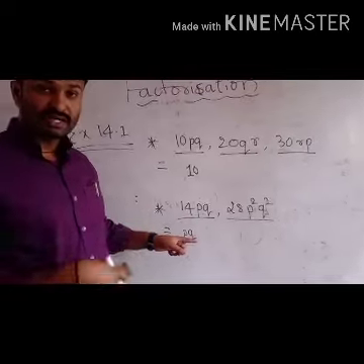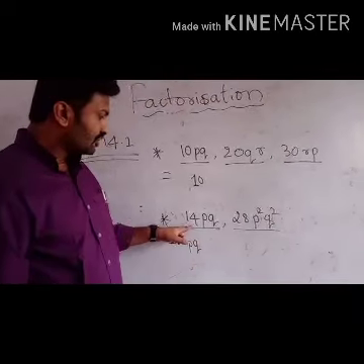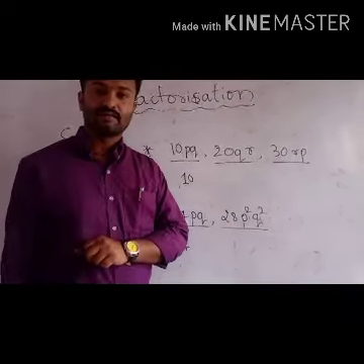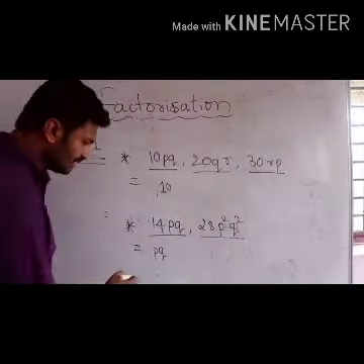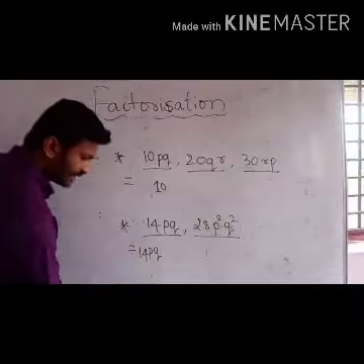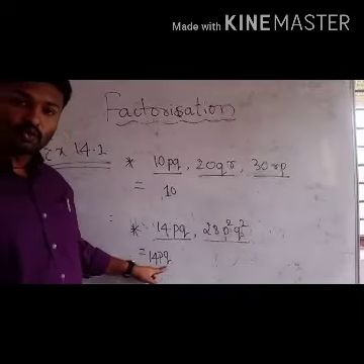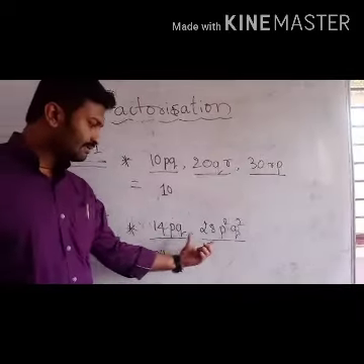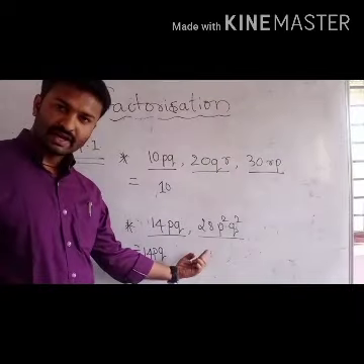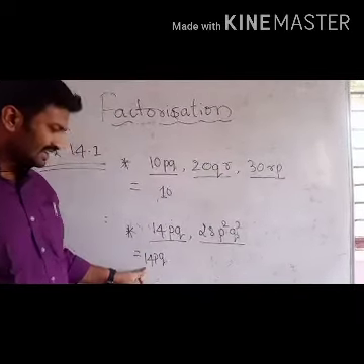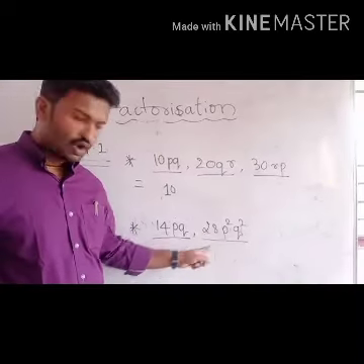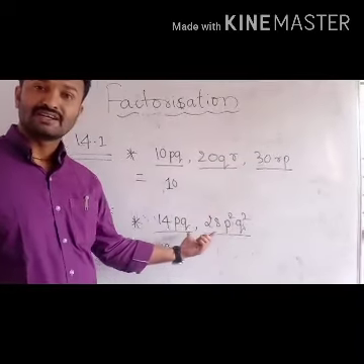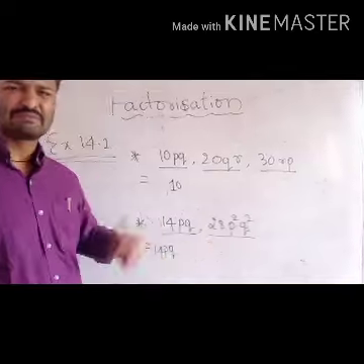And we will concentrate on numerical: 14 and 28 are divisible by the 14 table. Then 14pq is a common factor in both terms. Yes or no? Very simple.